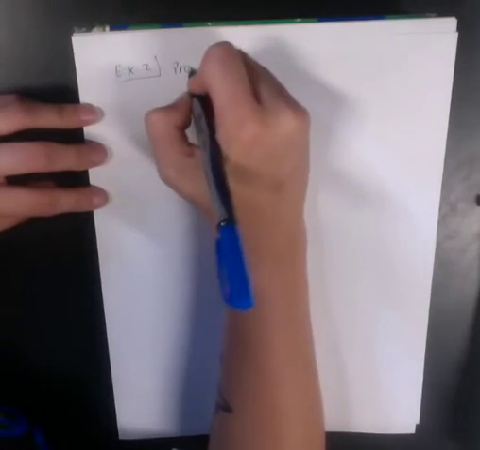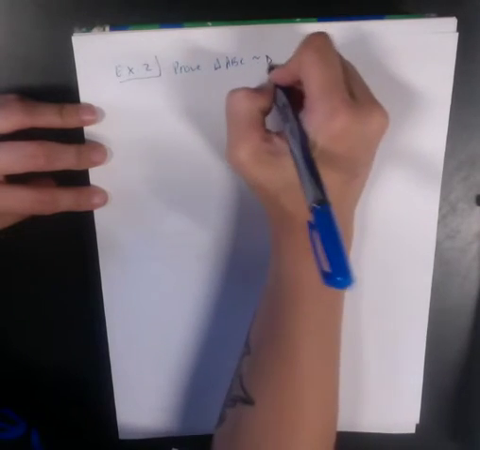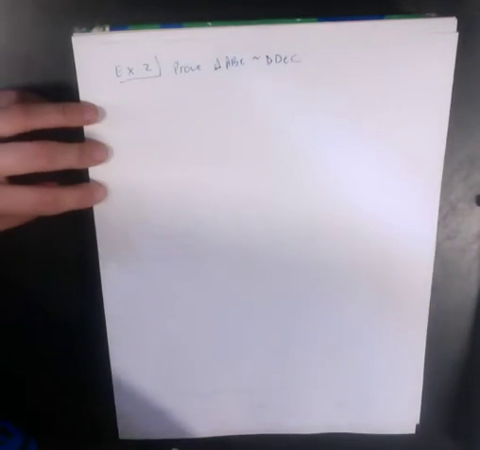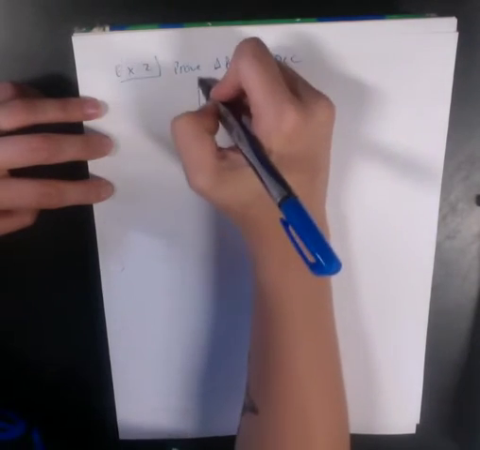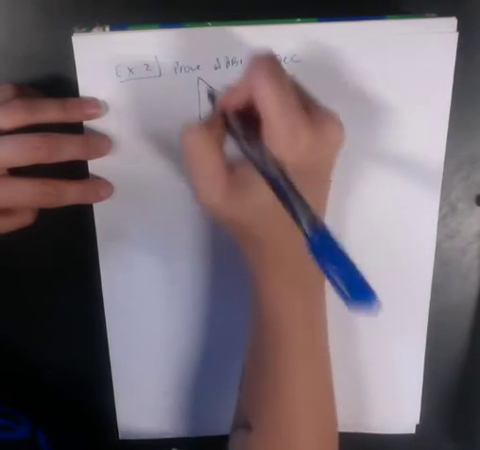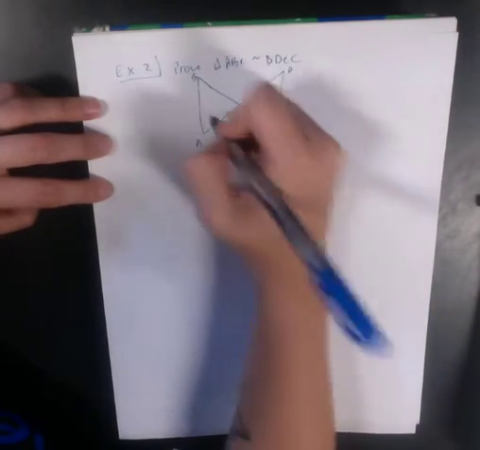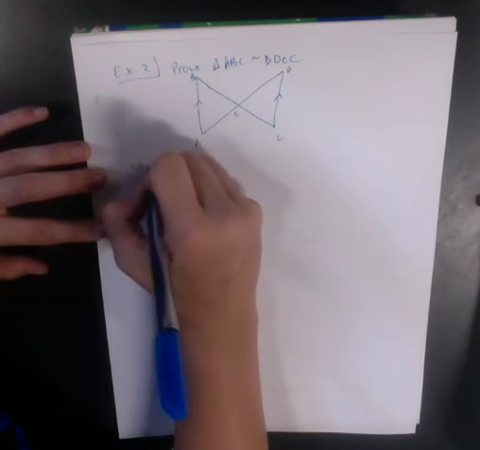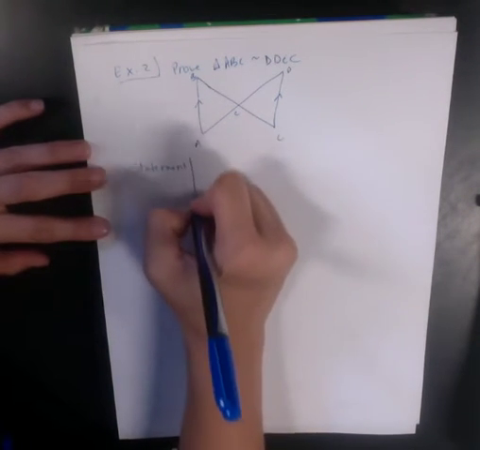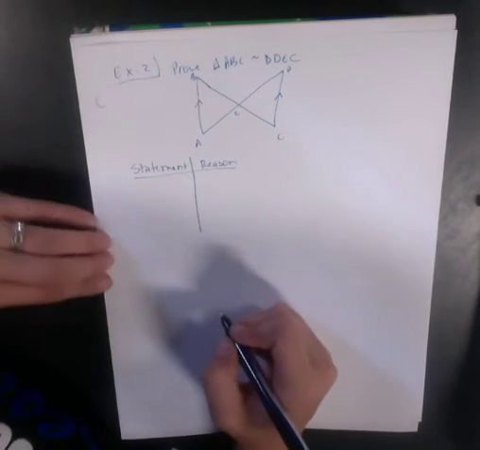Okay, prove triangle ABC is similar to triangle DEC. If I have this figure, A, B, C, D, E, and I have that going on. Okay, so statement, reason.